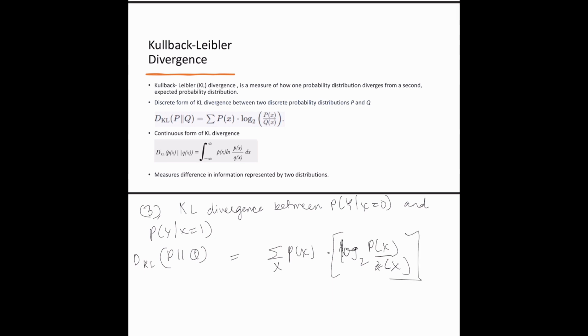So this is the formula for KL divergence between two probability distributions p of x and q of x.